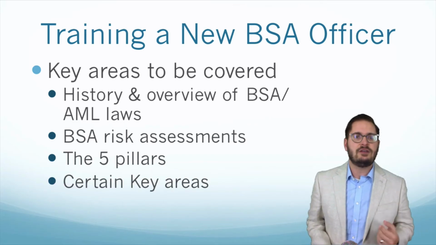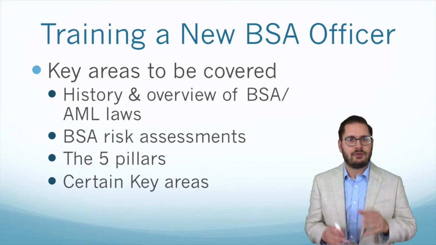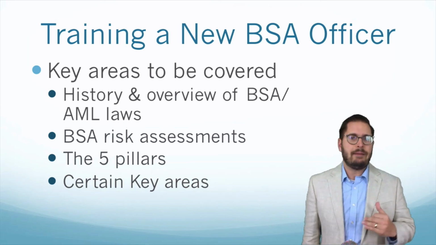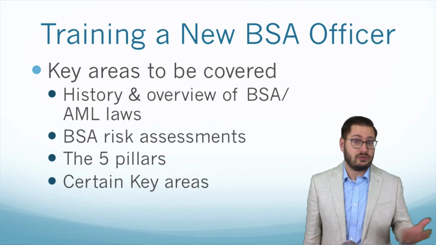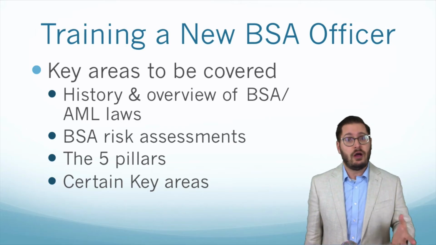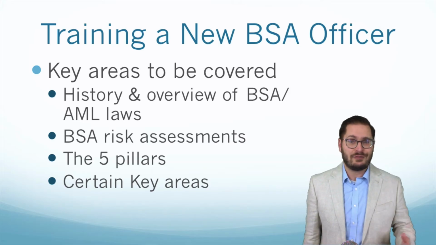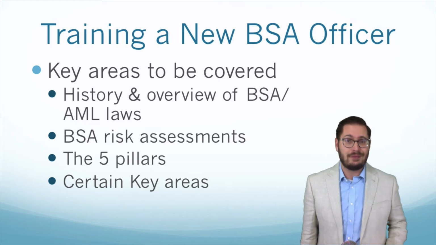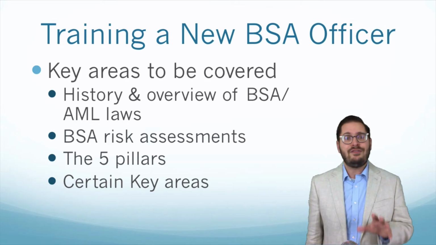Now, the next thing that's good to talk about are certain key BSA areas. They kind of fill in all the gaps from the pillars because there are a number of things that have to happen in a financial institution. Things like currency transaction reports, or CTRs. Things like suspicious activity reports, or SARs, and monetary instrument logs, and wire transfers, and OFAC searches, and customer identification programs, and customer due diligence, etc. There's quite a few key areas.